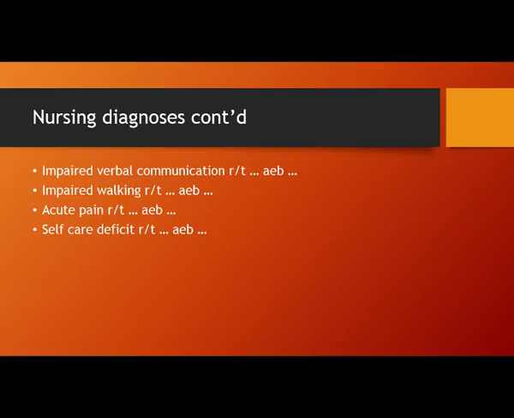Now here are some actual ones. Maybe impaired verbal communication related to developmental delay, as evidenced by childlike speech. I'm thinking of, say, a person with a developmental disorder that has trouble speaking at all, or speaks only in very childlike terms.